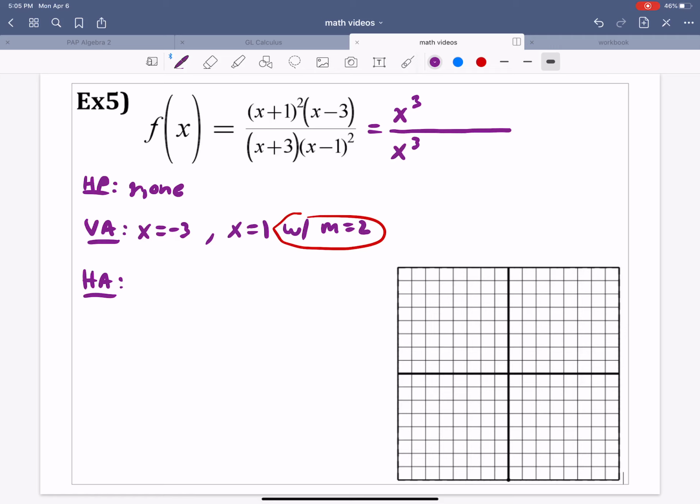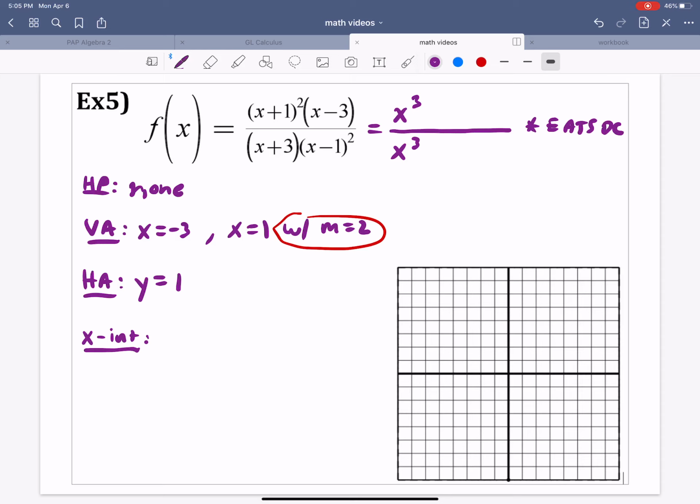We'd have x cubed on the bottom as well. x times x times x would get us x cubed. So when you see it like this, it is an HDC. The exponents are the same. So when the exponents are the same, we divide the coefficients. So 1 over 1 is 1. y equals 1.